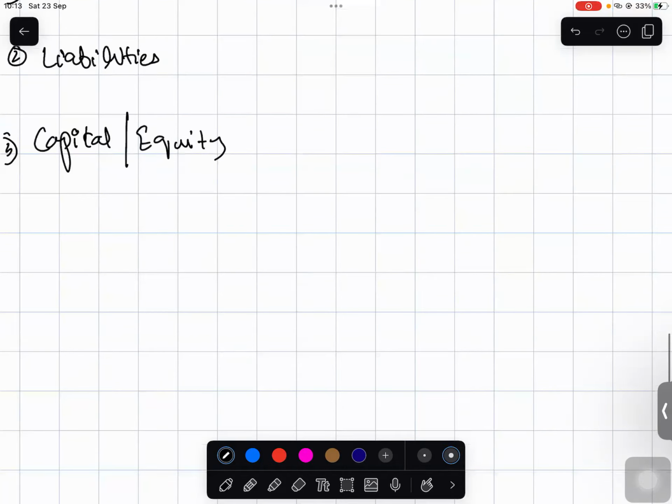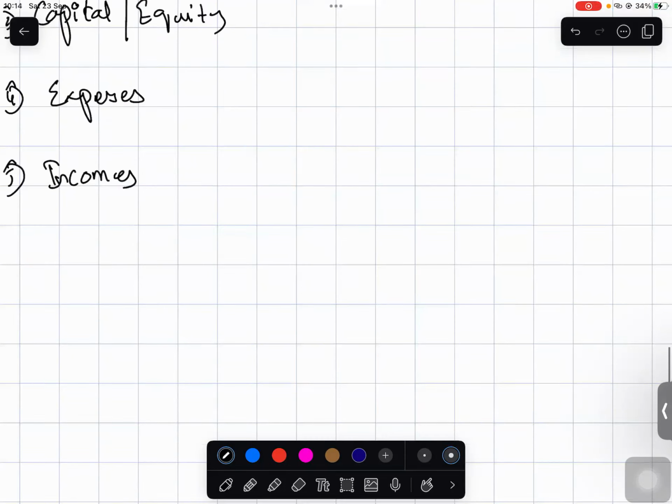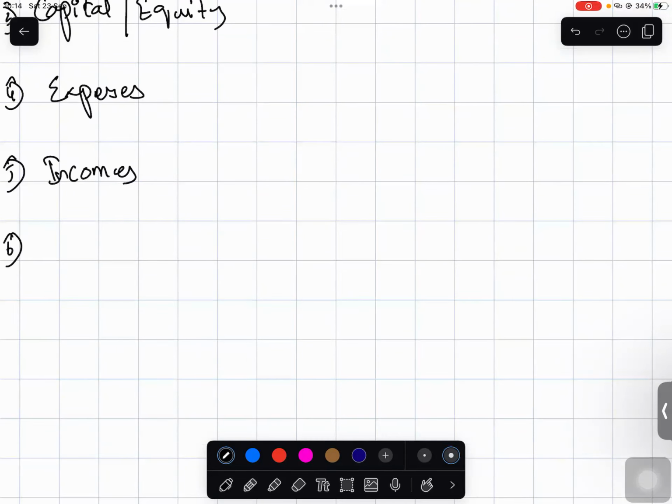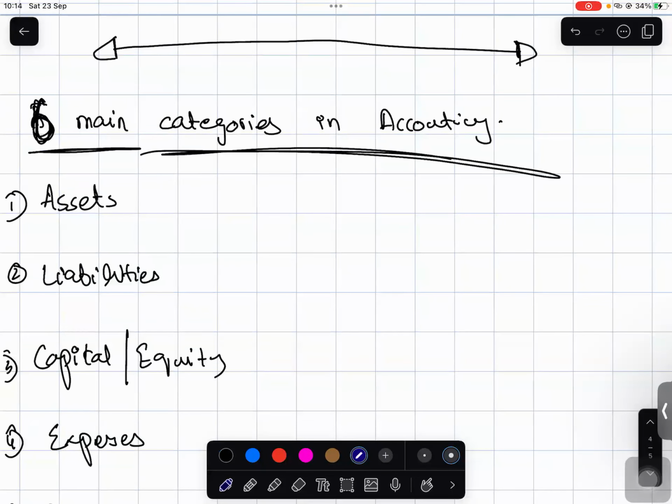It's basically just capital. Then you have expenses, then we have incomes, and finally we have dividends or drawings, right? Okay, so let's start with assets.